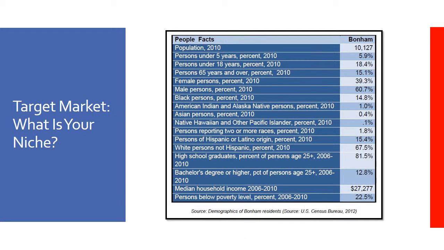Once you have clarified your goals and objectives, you next need to identify your target market. Your target market will consist of consumers that are grouped together because they share similar characteristics. They may be grouped together because they have the same demographic information, such as their age, their gender, their income level, their education, or their profession.